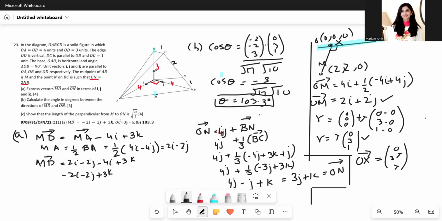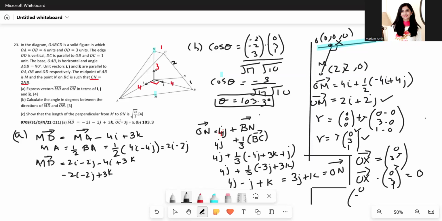All right. Now the dot product of OX and the direction vector of the line ON, which is this, must be equal to 0 because they're perpendicular to each other. So OX dot the direction of the line passing through ON, which is this 0, 3, 1, will be equal to 0.